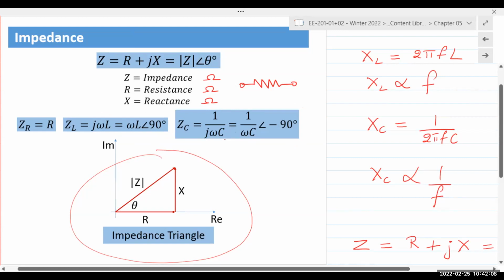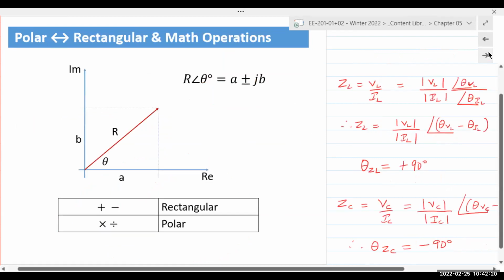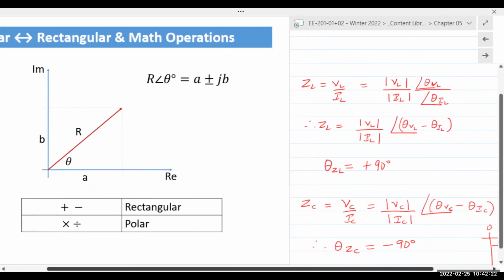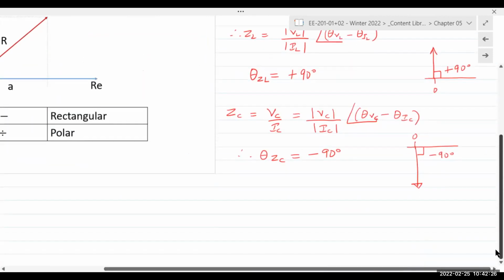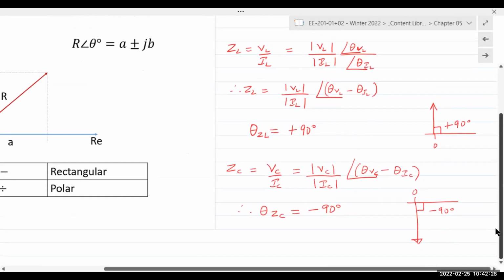All right, any questions? This is also going to be very important for AC power, which we will tackle next week. For inductor and capacitor, AC power is a different kind of power. Again, the reason is because it stores energy, right? So energy flows in, energy flows out constantly between the inductor and the capacitor.